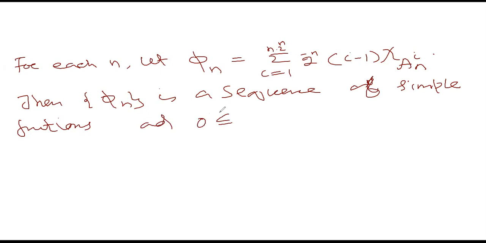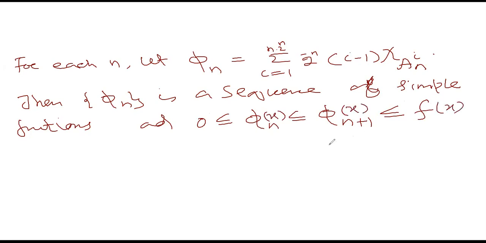You can easily verify they are non-negative, and 0 is less than or equal to phi n, and phi n is less than or equal to phi n plus 1. They are monotonic increasing, and each phi n is less than or equal to f. This is true at any point x, for all x in X.